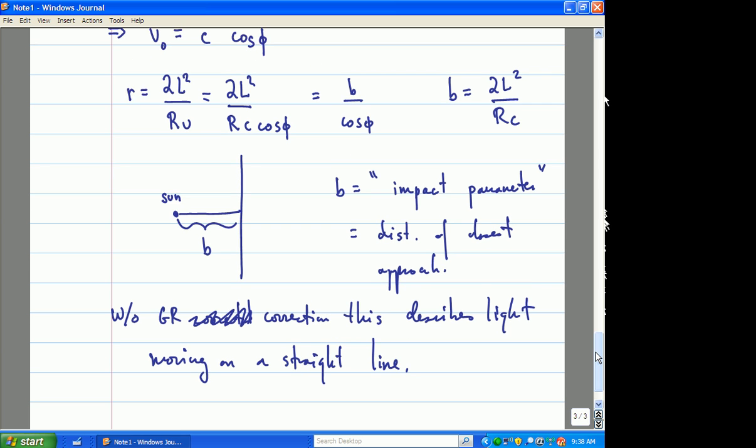I should make one more comment about the parameterization of a straight line in polar coordinates, which is that r here starts out at infinity when phi is equal to minus pi over 2. So phi here is the angular coordinate. Let's draw this out a little more explicitly.